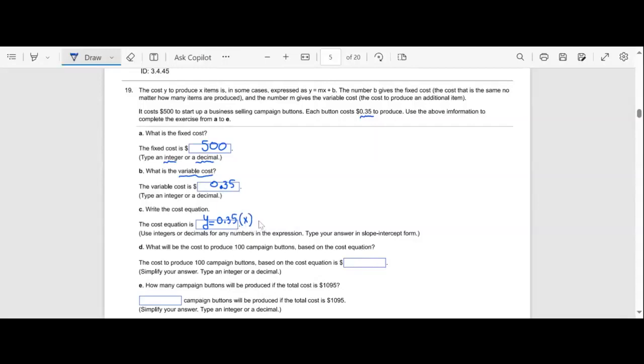I don't know how many, so we say x, plus the fixed cost. What's the fixed cost? It is $500. So this is the fixed cost, and this one is the variable cost. And x is the number of buttons.